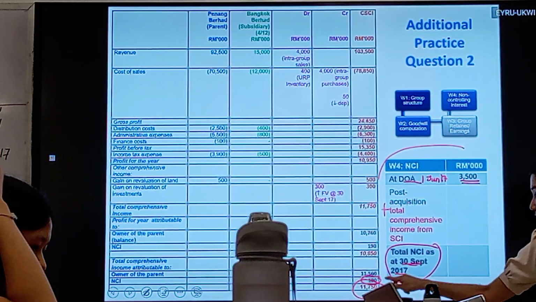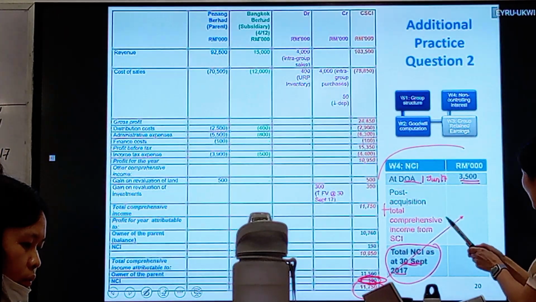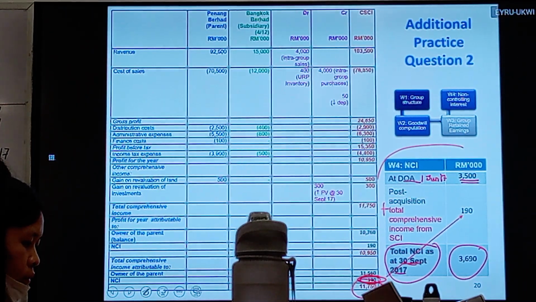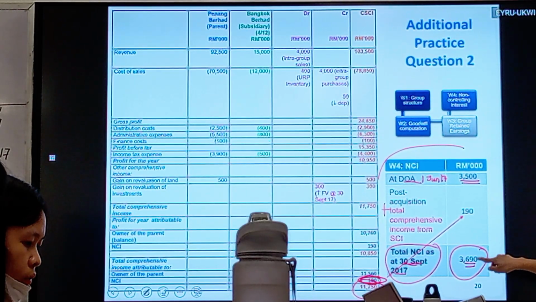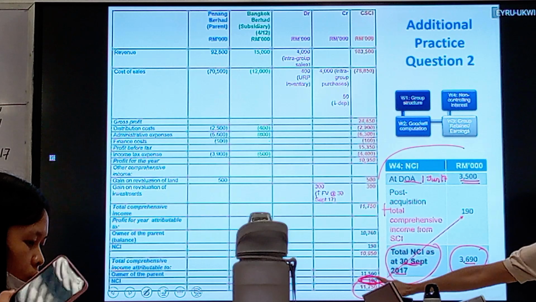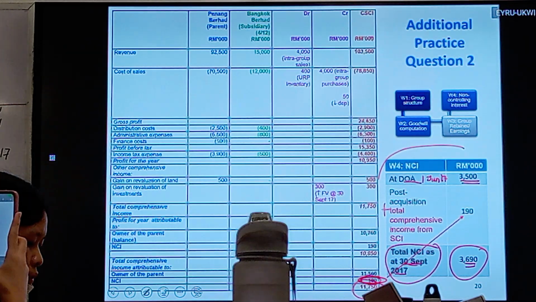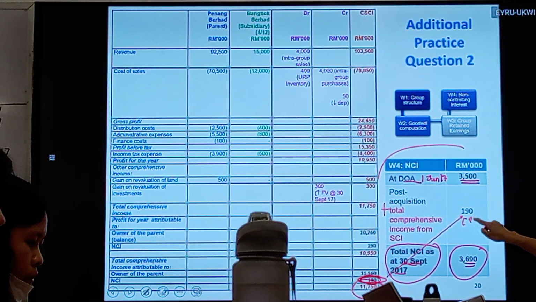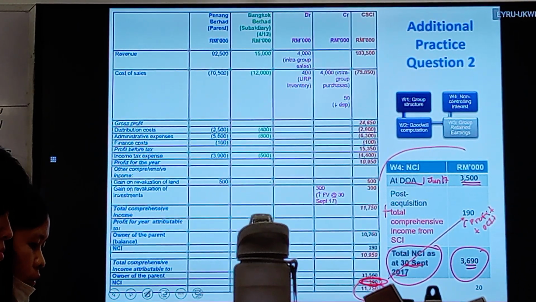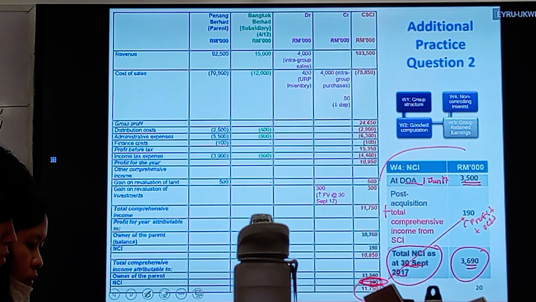So this figure here, you have to add it together and it will become your total non-controlling interest, 3690 as at 30th September. So you always take the total comprehensive income. Why? Because profit plus OCI will be the full figure for your non-controlling interest. So you add up together, that will be 3690. So that 3690, put it inside the worksheet.